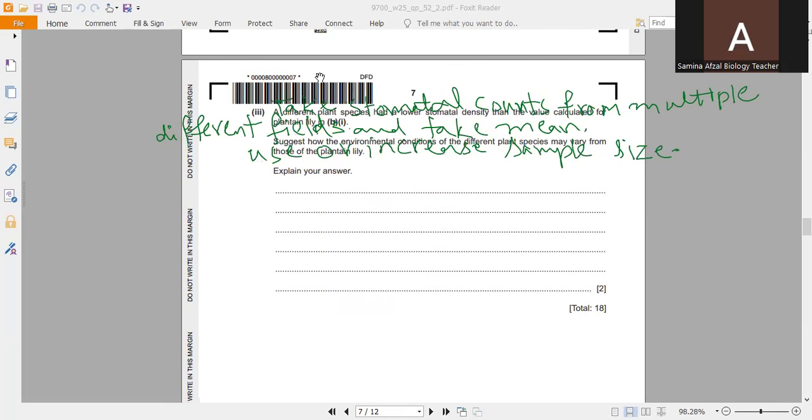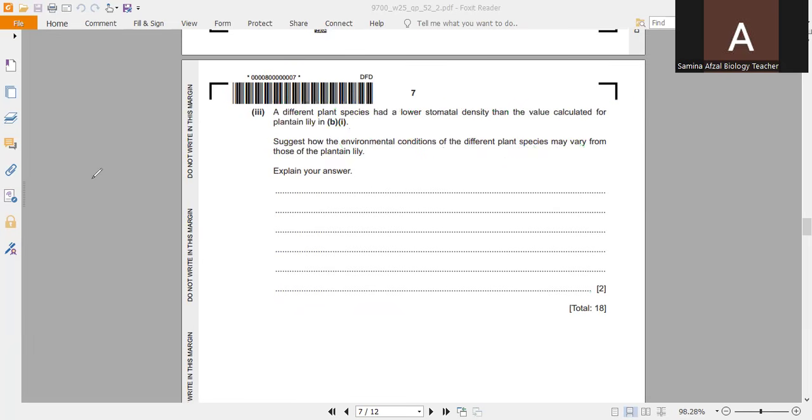Now, the last part of this question is, a different plant species had a lower stomatal density than the value calculated for plantain lily in B1. Suggest how the environmental conditions of the different plant species may vary from those of the plantain lily.